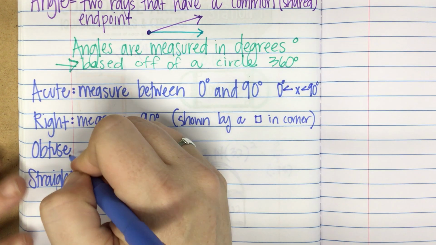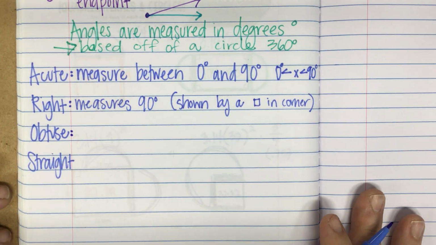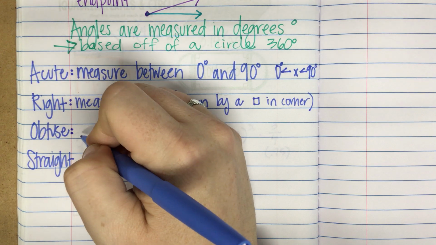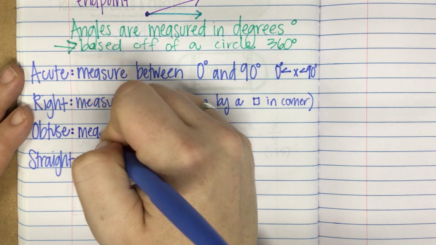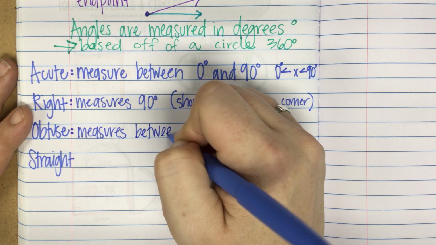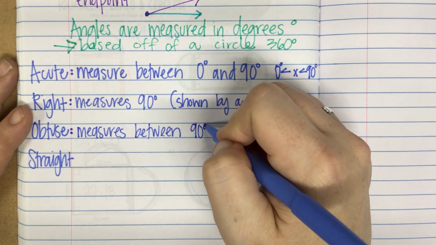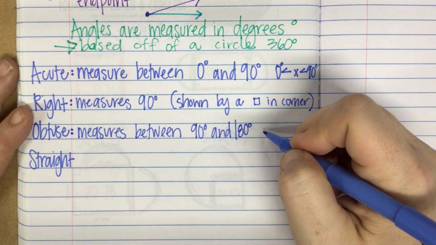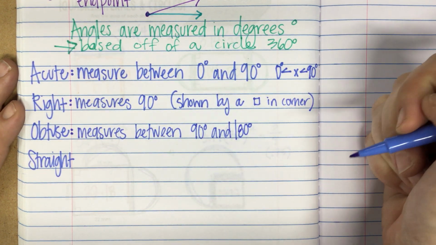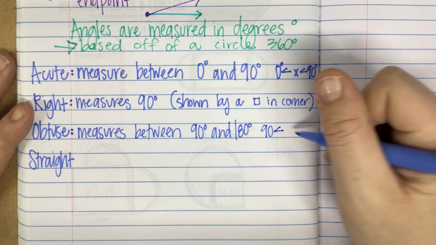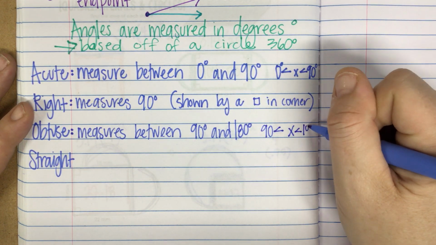An obtuse angle, what? Bigger than 90 and less than 180. It measures between 90 degrees and 180 degrees, which again, if I was going to write that using inequalities, it would be 90 and 180, right?